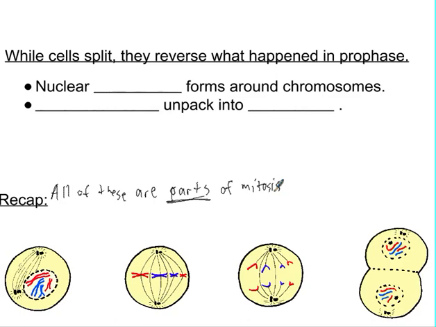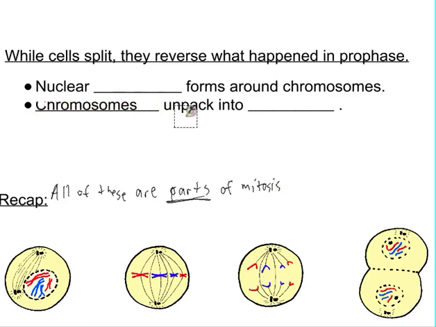While cells split, they reverse what happened in prophase. What were the two main things that happened in prophase? One thing: the DNA gets packed. So if this is the reverse of prophase, what's going to happen? It unpacks.